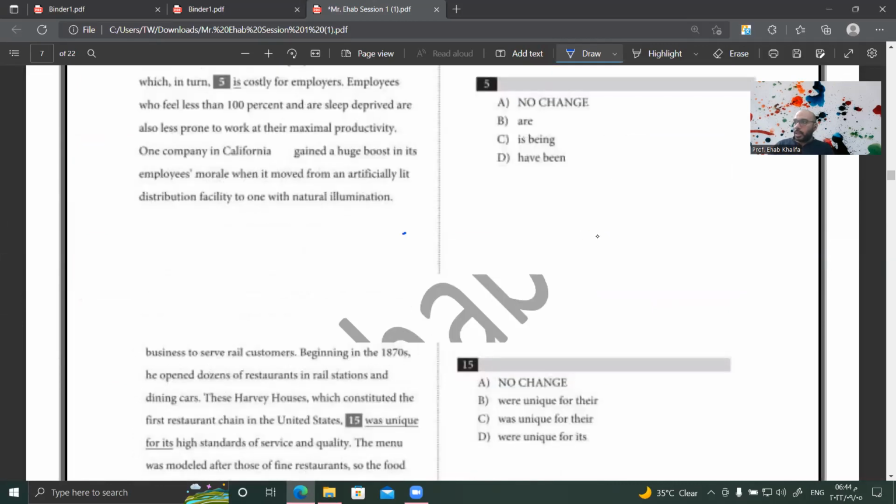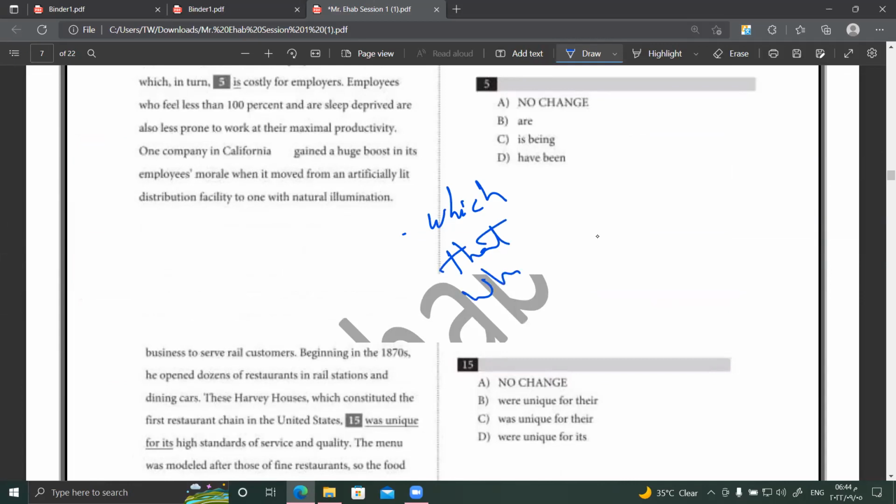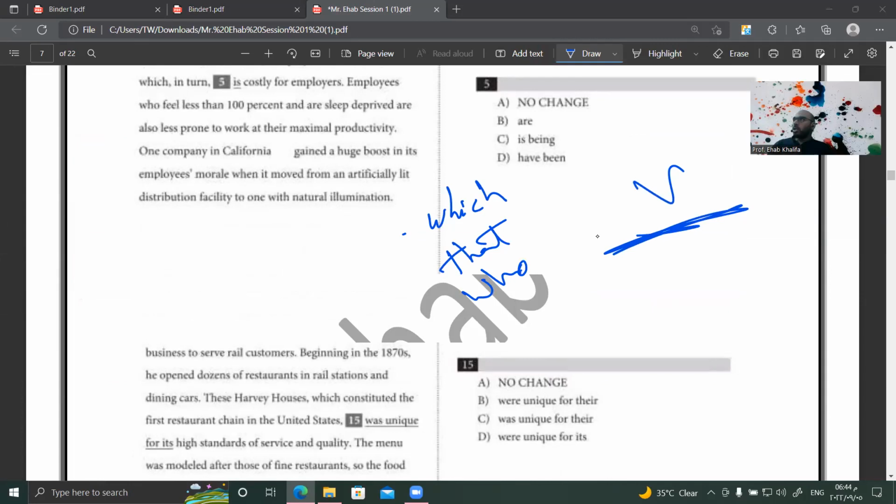When you are tested on a verb after which, that, or who, the test maker wants to test you. Your subject now is the word which, that, or who.